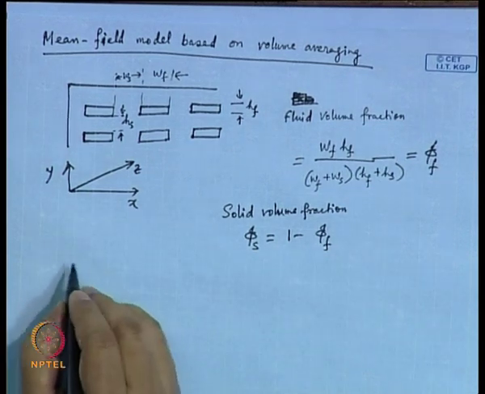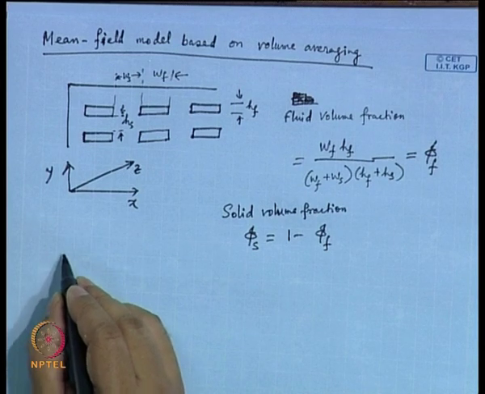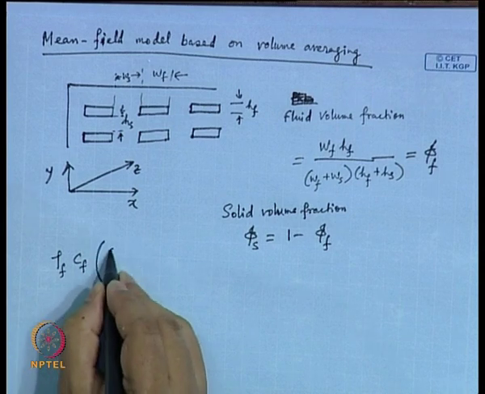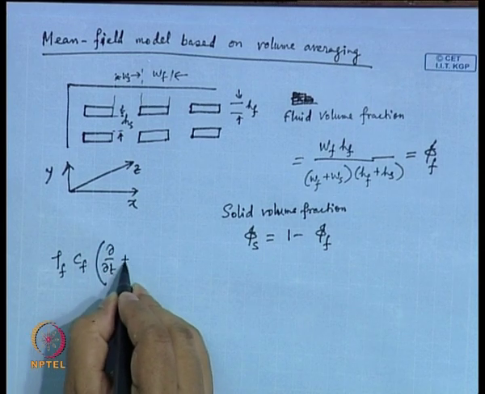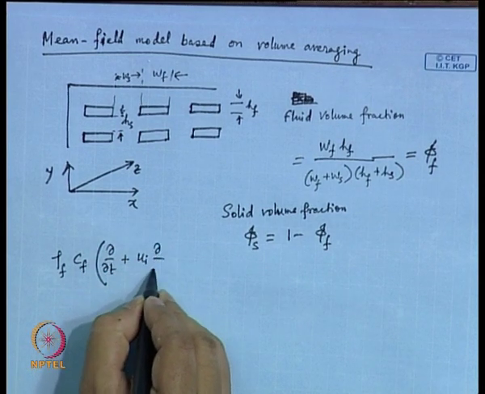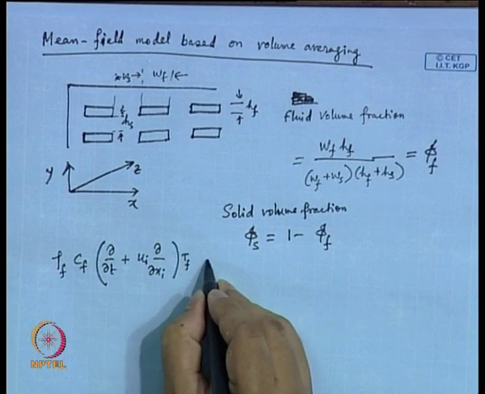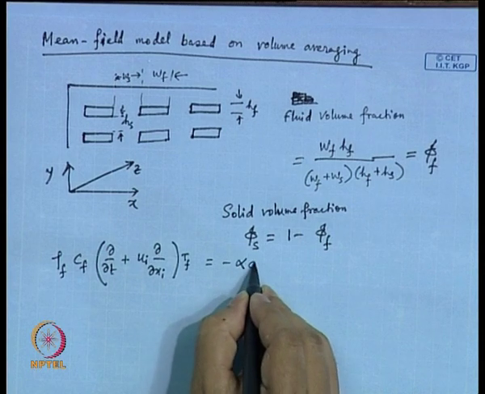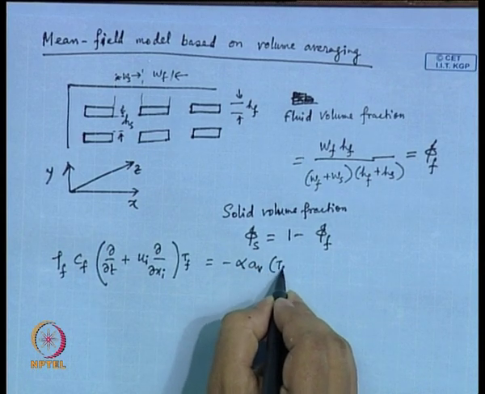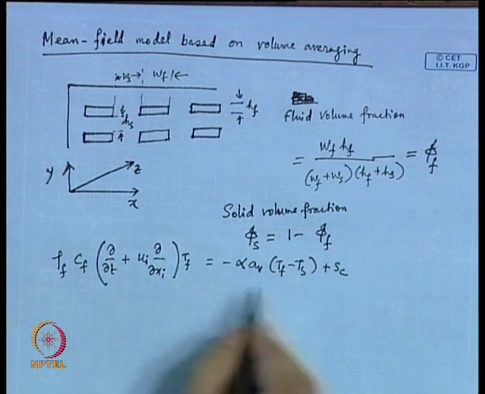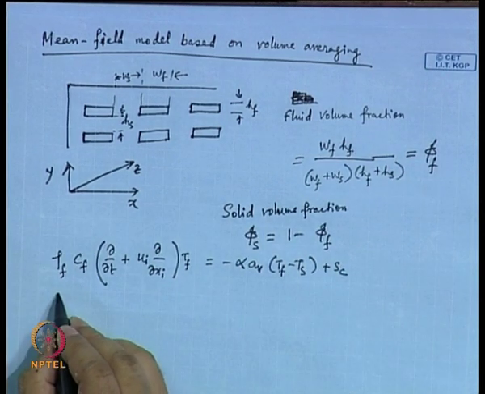So, the heat balance equation would be rho f C f del T del t plus U i del del x i of T f is equal to minus alpha A V times T f minus T s plus S C. S C is a generation term, generation from reaction.